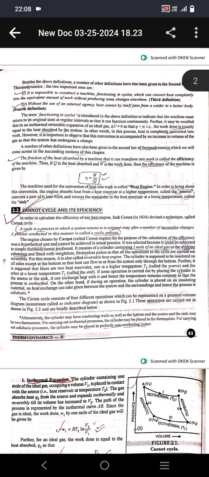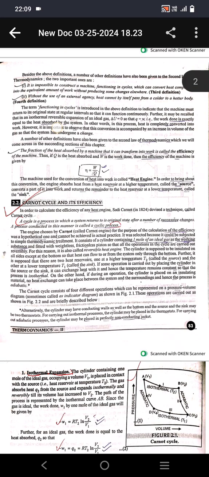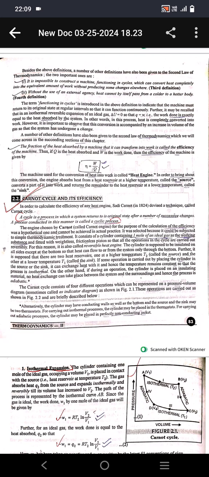In order to bring about this conversion, the engine absorbs heat from a heat reservoir at a high temperature, called the source, converts a part of the heat into work and returns the remainder to a heat reservoir at a lower temperature, called the sink. Second point is the Carnot cycle and its efficiency.